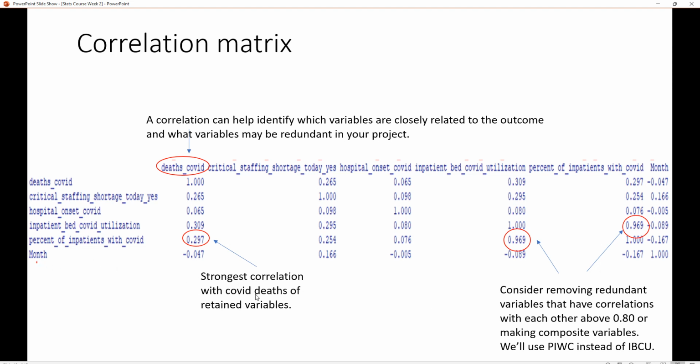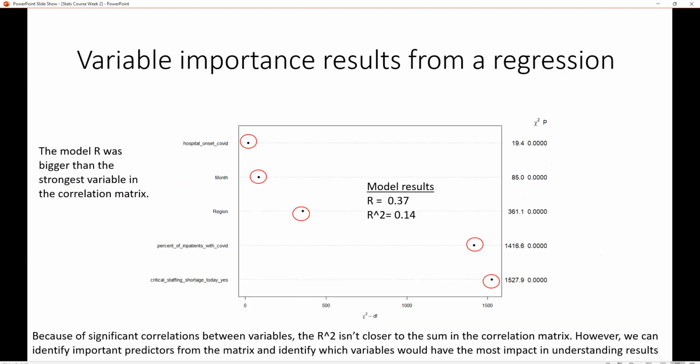For this, we're identifying which things we can use in a study. I'm going to use what we learned here as part of a regression analysis. Here's a variable importance plot and the results from a regression.